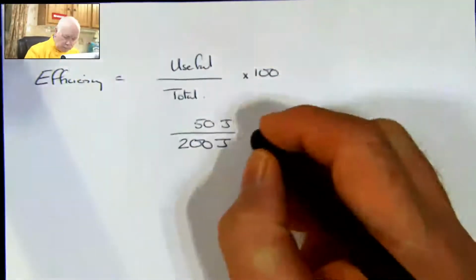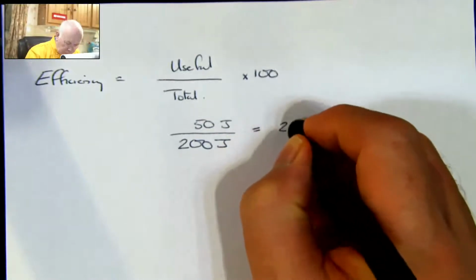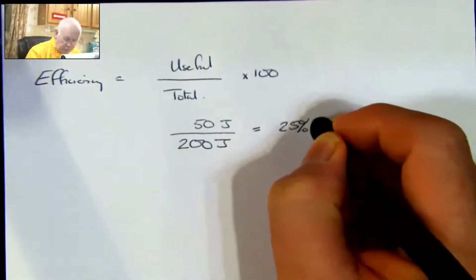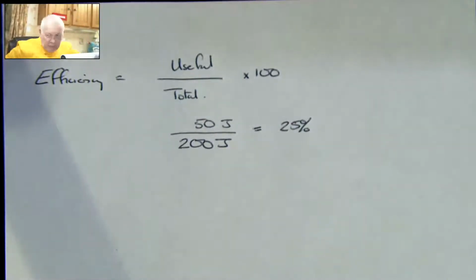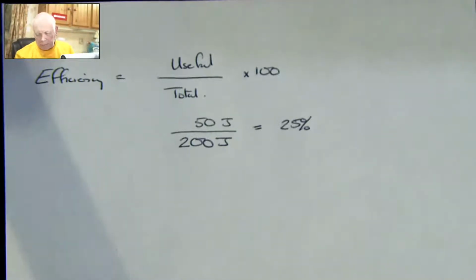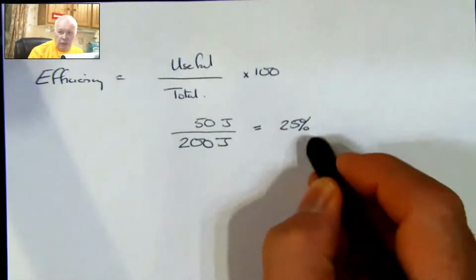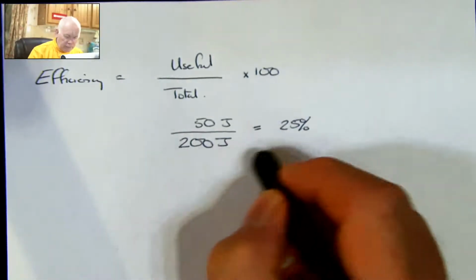So putting here is going to give me 25%. Yeah, I could have done that in my head, but I was trying to show you how to do it. So this device is only 25% efficient.